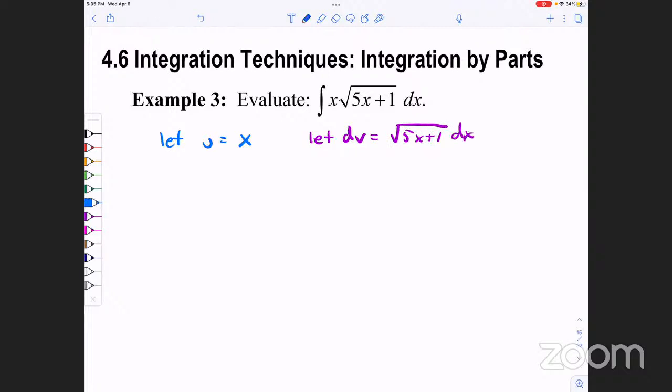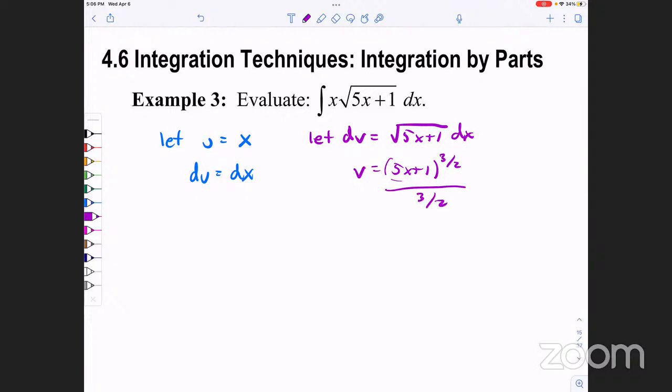Okay. So if that's the case, then our du is going to be dx. And our v, if you integrate that, is something to the half power. So we're going to have (5x plus 1) to the power of 3 halves over 3 halves.